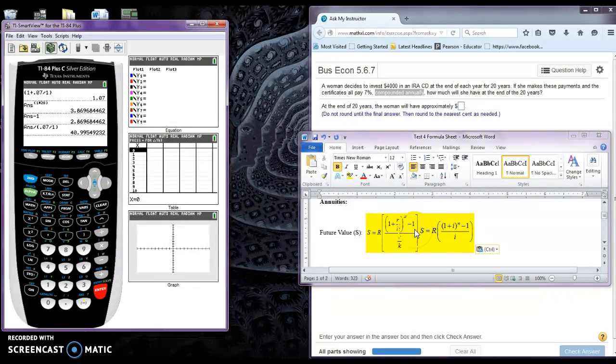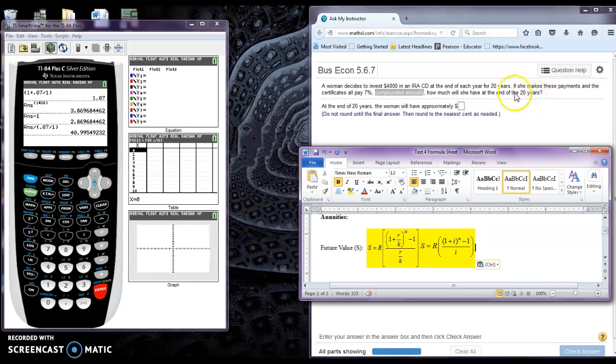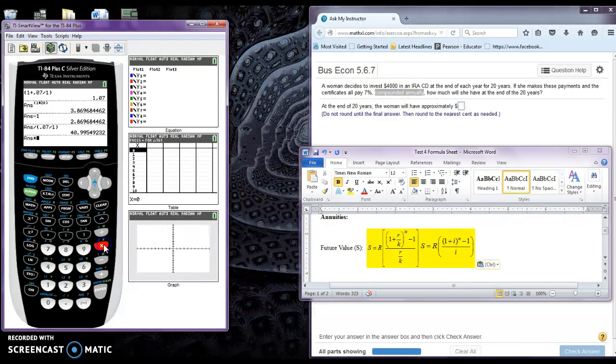So that gets me this. That's everything that's in these brackets. And now I need to take that times big R. Big R stands for the periodic payment that someone is making or withdrawing. So for this particular problem, it's $4,000. So times that by 4,000. There's my answer.